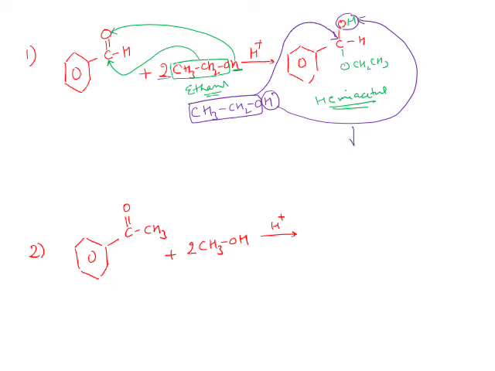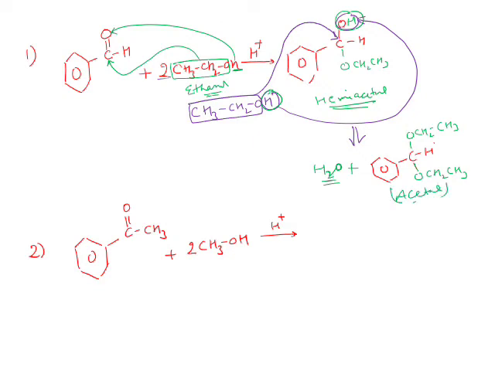So what should be the reaction now? So the reaction will be from hemiacetal, and then you're gonna get water as your byproduct, right, which comes from OH and H together as water, and then we're gonna make acetal.